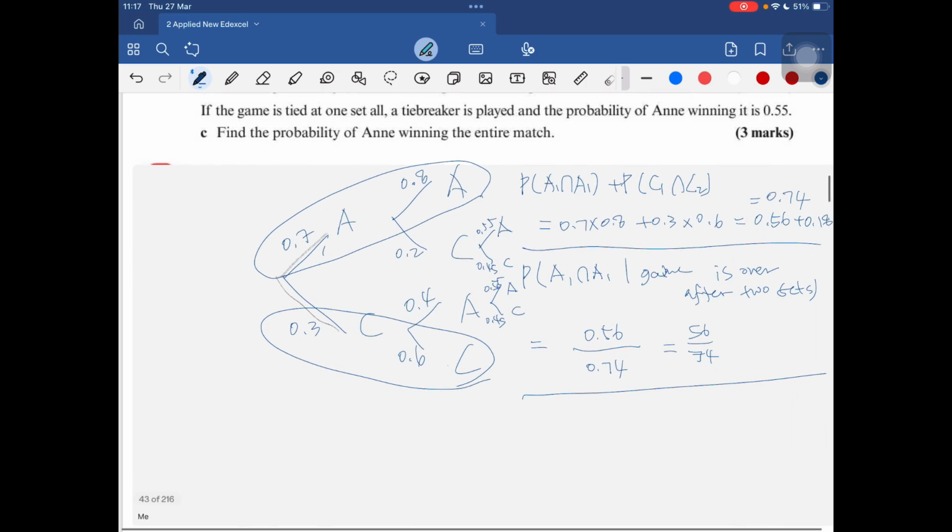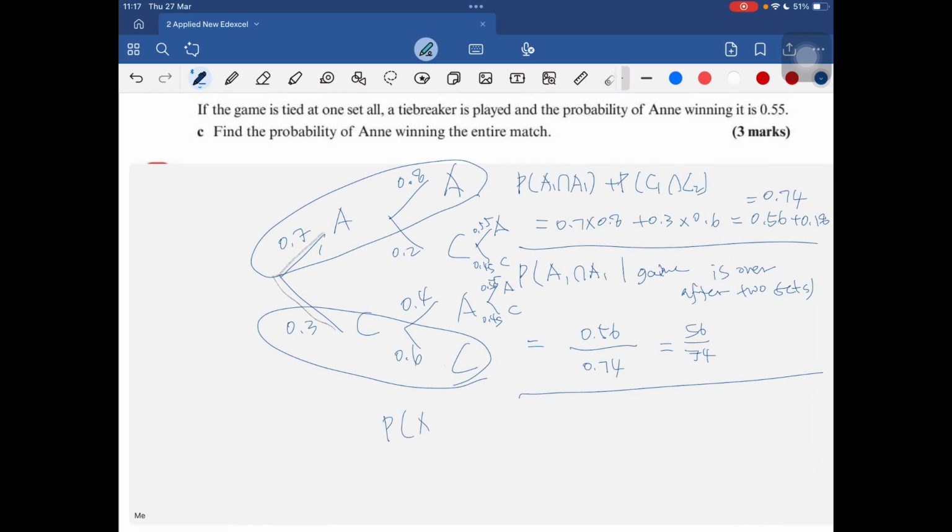So Anne can win this way, plus this way. So this is how she can win. So 0.7 times 0.8 plus 0.7 times 0.2 times 0.55 plus 0.3 times 0.4 times 0.55.